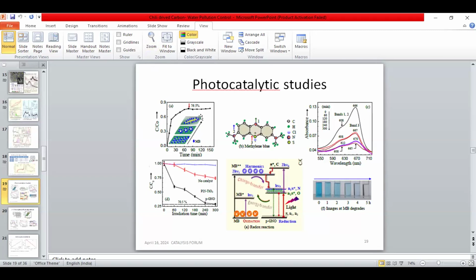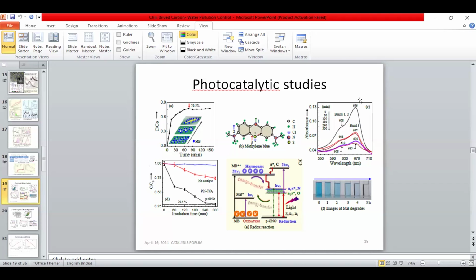And this first diagram shows methylene blue as the model pollutant. We have seen that the adsorption is around 76%, a large amount of adsorption. This methylene blue is linear, so it goes into the planar structure of carbon. That's why huge adsorption is observed.